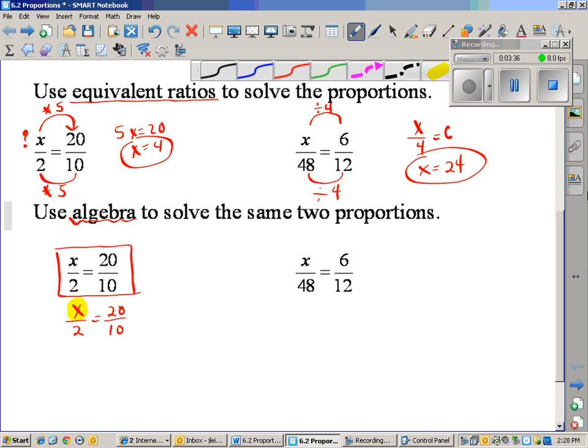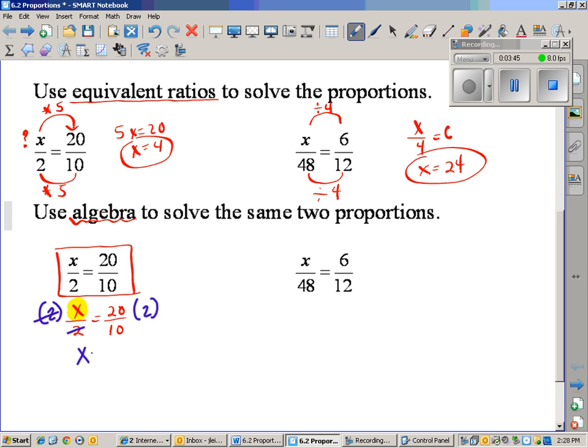In order to get rid of the 2 that's divided into him, we have to multiply both sides by 2. Those 2's cancel, and we end up with x equaling 20 times 2 over 10 times the ghostly 1, if you want to think of 2 as 2 over 1. 10 goes into 20 twice, and 2 times 2 is 4.